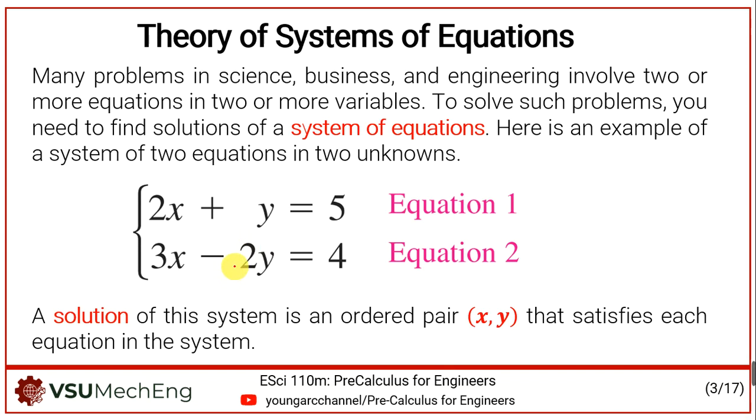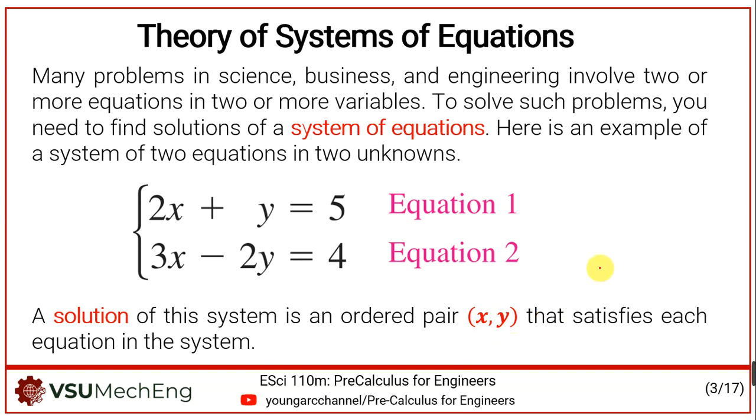Now, the other term for the values of x and y that satisfy these equations is known as the solution of the system of equations. The solution of the system of equations is represented by an ordered pair. For two equations and two unknowns, we have open parenthesis x comma y, then close parenthesis.